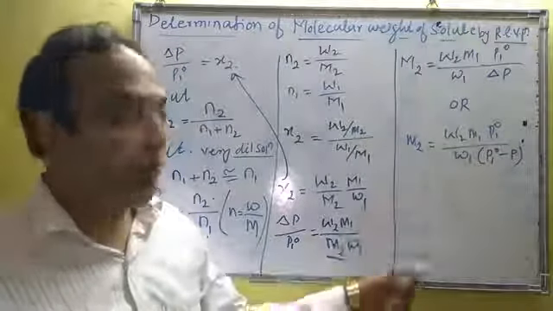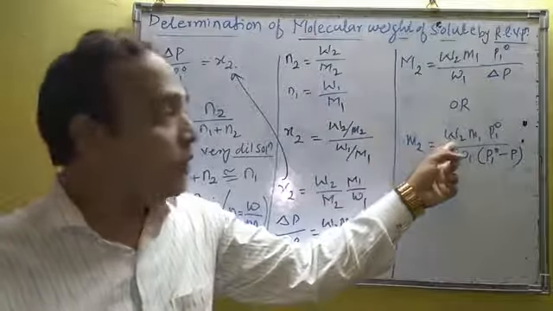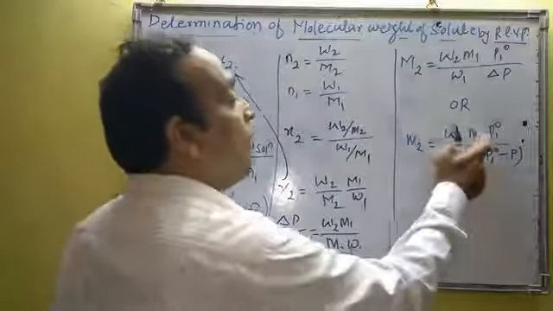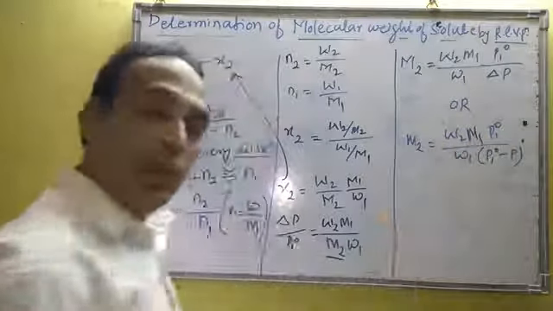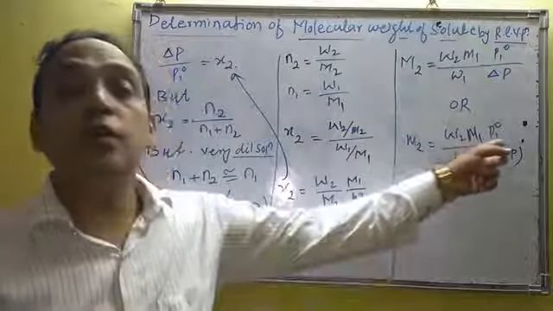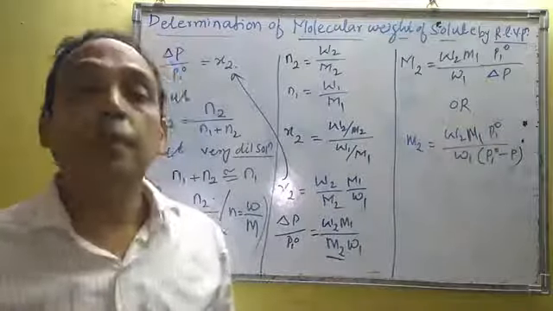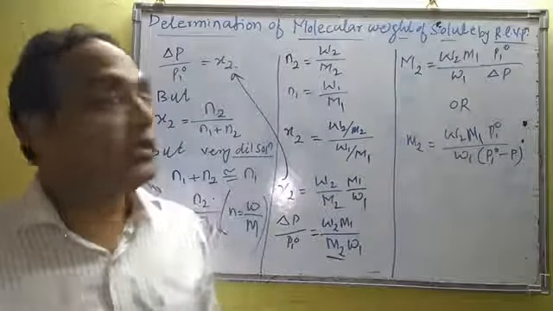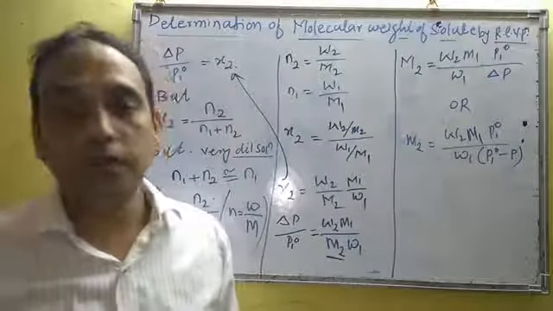Here, M2 is the molecular weight of solute, W2 is the weight of solute, M1 is the molecular weight of solvent, W1 is the weight of solvent, P10 is the vapor pressure of solvent, and P is the vapor pressure of solution. So this is all about determining the molecular weight of solute by Raoult's law.